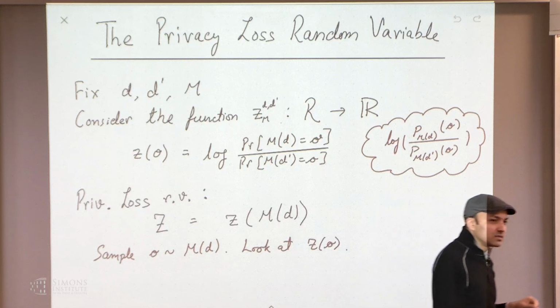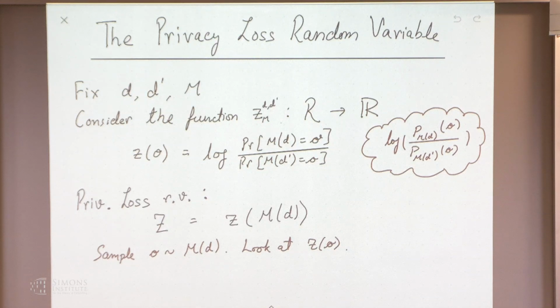Yeah. How should we interpret the range of the mechanism, say R, in the context of machine learning? So it could, for example, be the model output by the mechanism or the parameters of the model. Right, so in the machine learning context, the mechanism will take a data set, the training data set, and output a machine learning model.